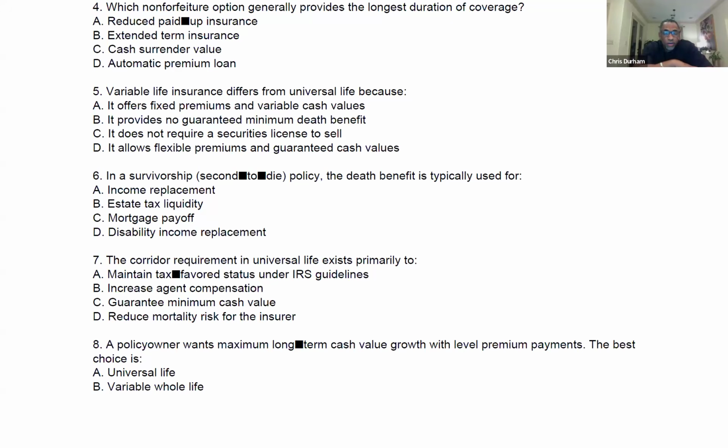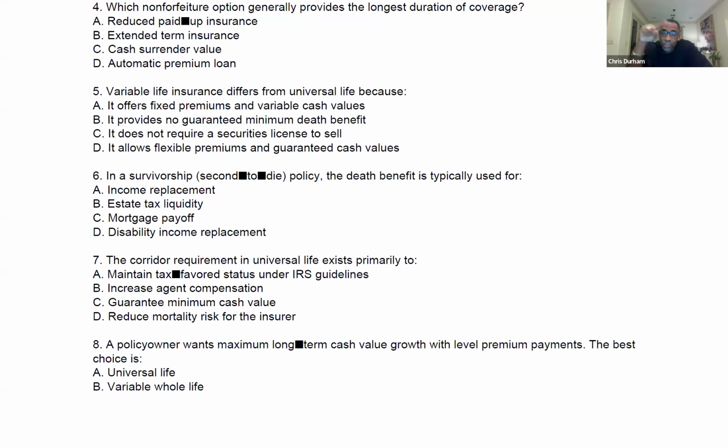You know, on a universal life insurance policy, corridor of insurance always go with taxes. Just like earlier when I said MEC always go with 7 pay test. That's it. You ain't got to know why, if you want to know why, Google it. If you want to get it right on the test, just pick taxes.